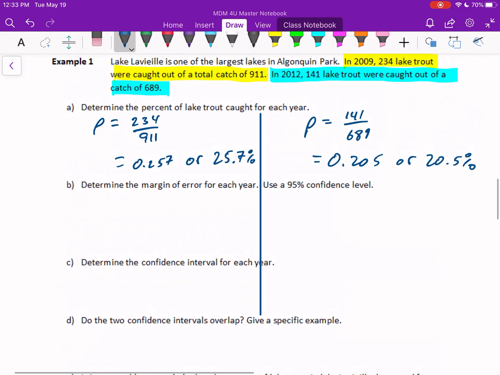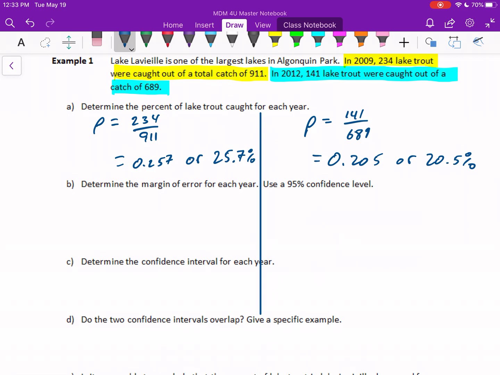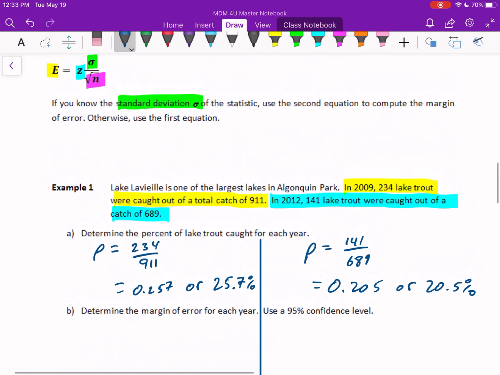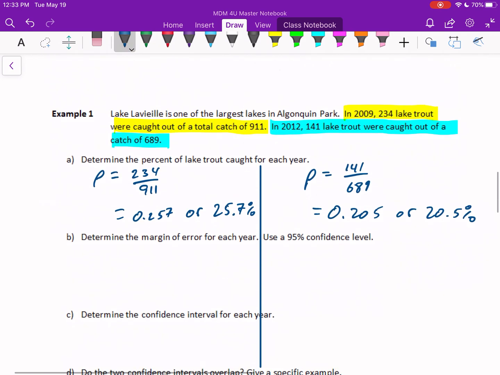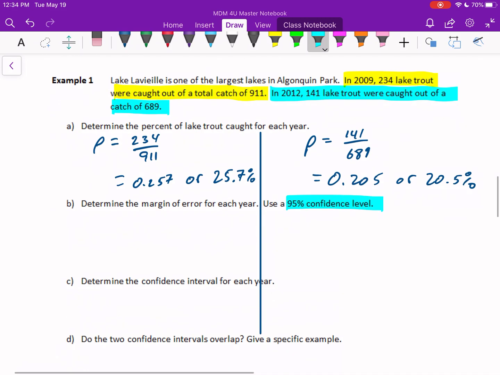We can now calculate the margin of error using the first formula because we just calculated what P was. We're going to use a 95% confidence level, which means that I'll be able to get a z-score that goes along with that. We know what the sample size is in each case, 911 and 689 respectively, so I can get my margin of error.